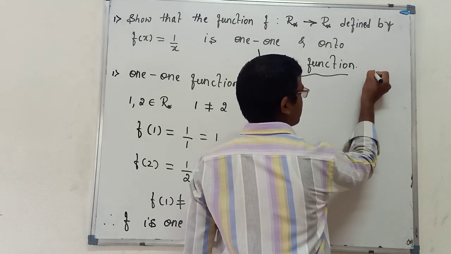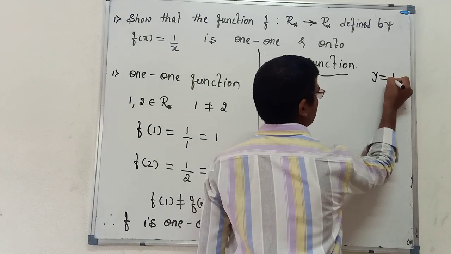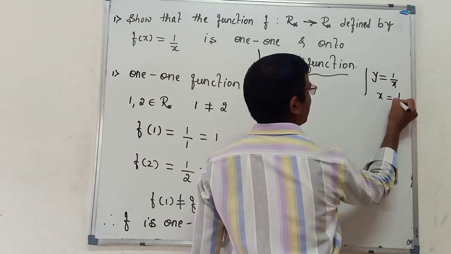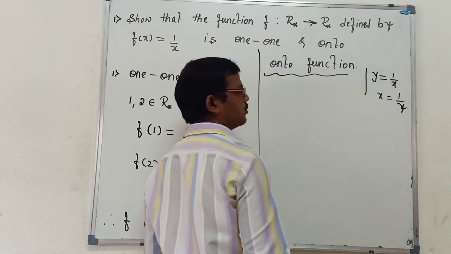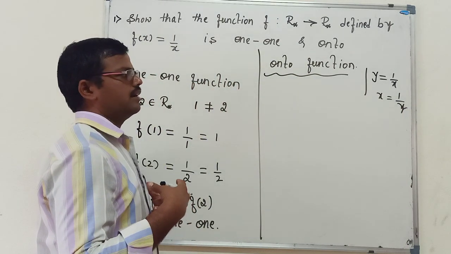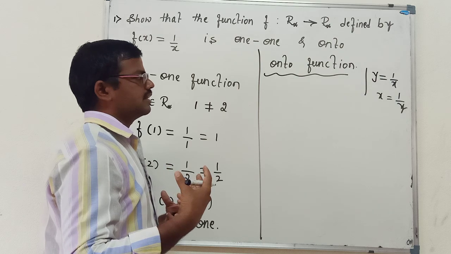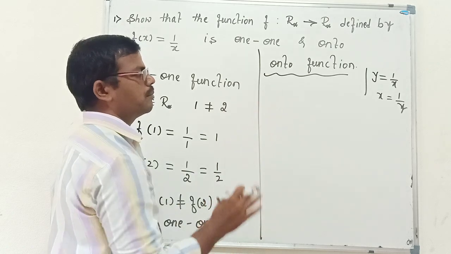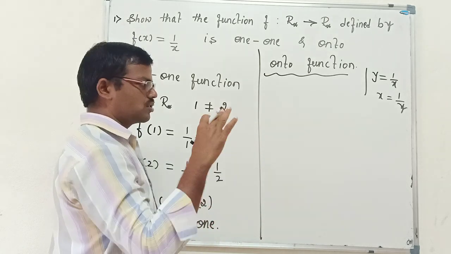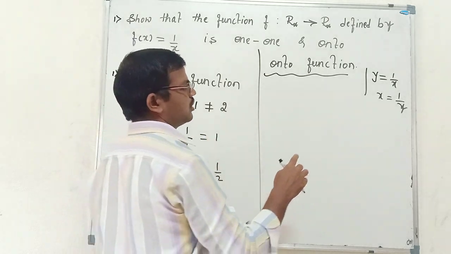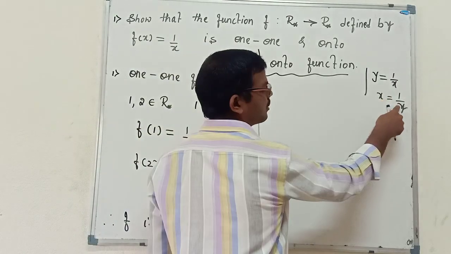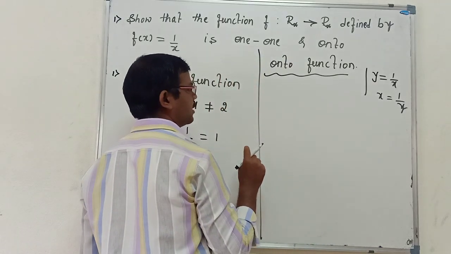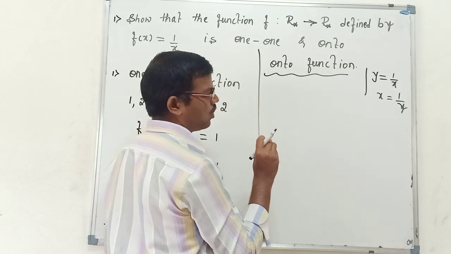So f of x is indicated as y. Y is equal to 1 by x. So then x is equal to 1 by y. This is the process we have to do when we are discussing whether the function is onto or not. We should remember the conversion x to y, y to x, to identify whether the given function is onto or not.